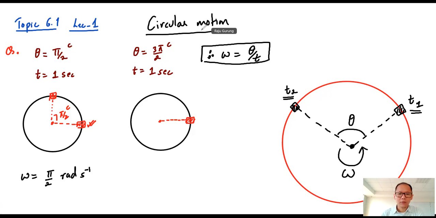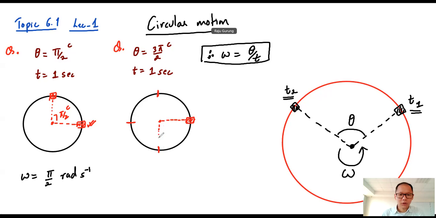But for the second case, theta equals 3 pi over 2 when time t equals 1. So in the same time interval, the object now reaches here. This point is pi over 2, this point is pi, and this point is 3 pi over 2.